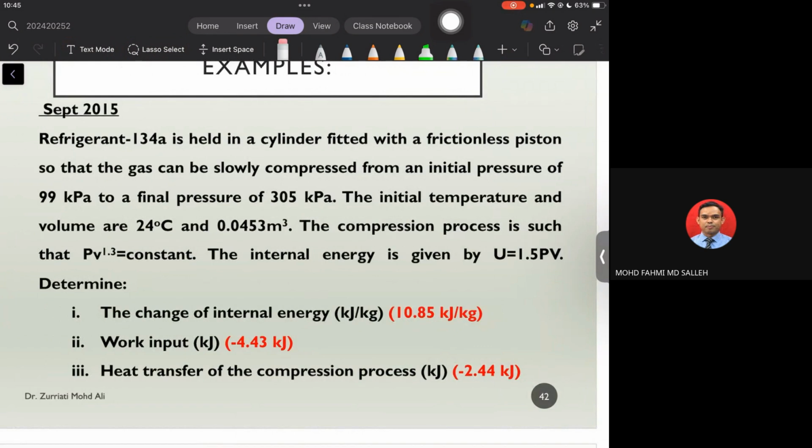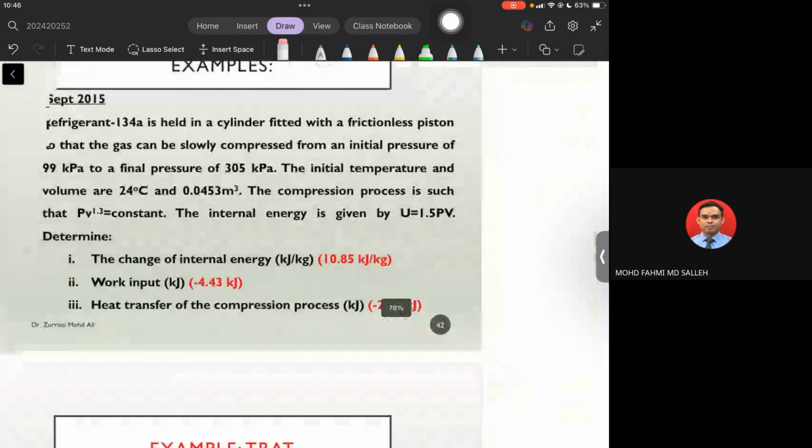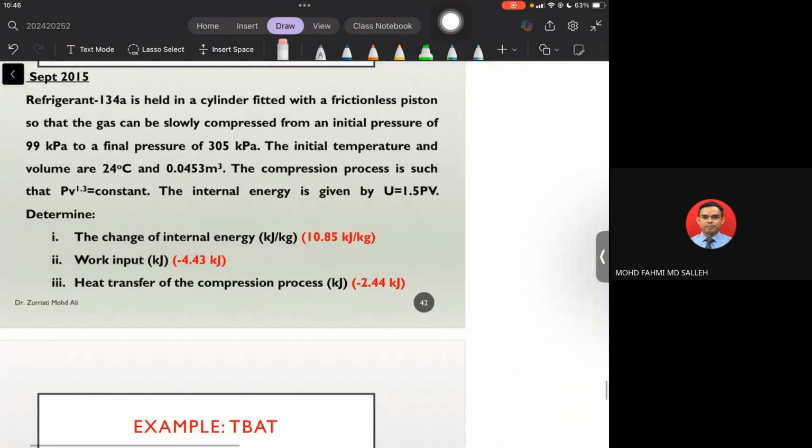All right, since we already decided that we are going to use all the formulas and equations based from the ideal gas, then next we are going to extract all the data given by this question.